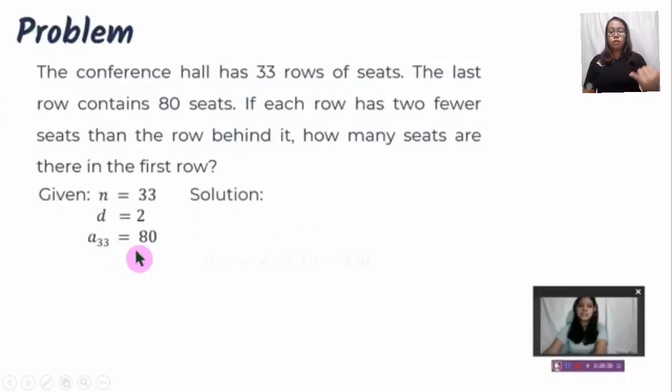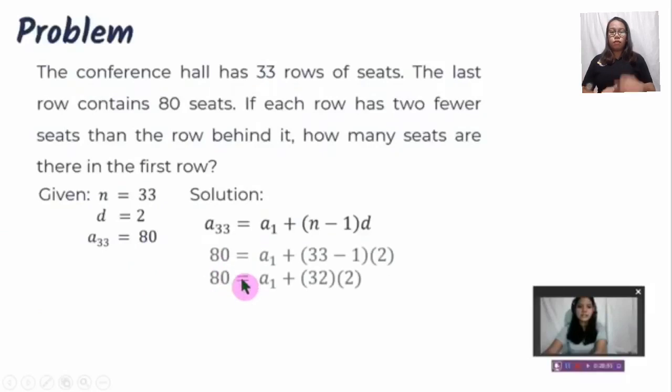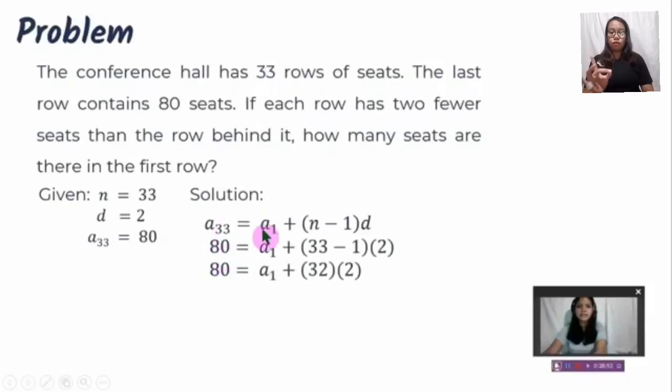Now, let us use the formula a sub n is equal to a sub 1 plus the quantity n minus 1 times d. We just need to substitute the given that we got. So, our a sub 33 is 80. Our a sub 1 is missing because that is what we are looking for: how many seats are there in the first row? While our n is 33 and our d is 2. 33 minus 1 is 32.